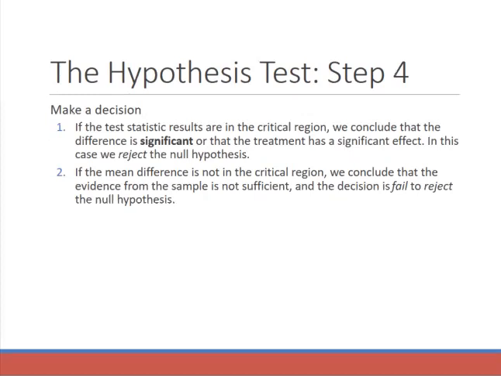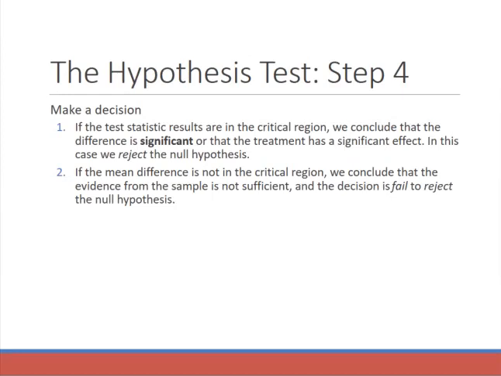So you're going to use, in this case, the z-score from step 3 to make a decision based on the criteria you established in step 2. Okay, so there are 2 possible decisions that you might make. The first is if the test statistic results are in the critical region, most often beyond 0.05, we conclude that the difference is significant or that treatment has a significant effect.